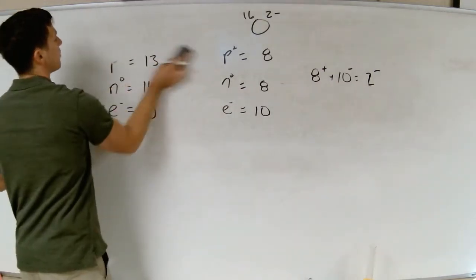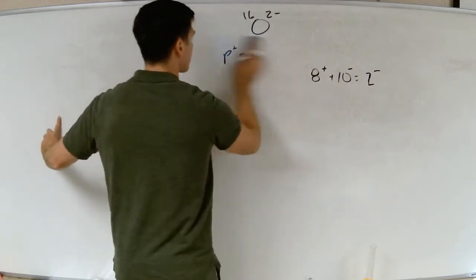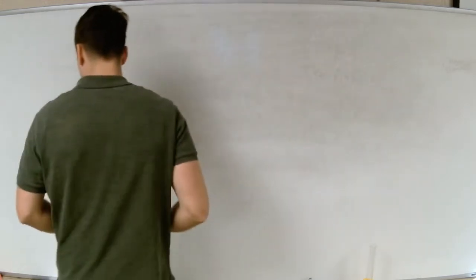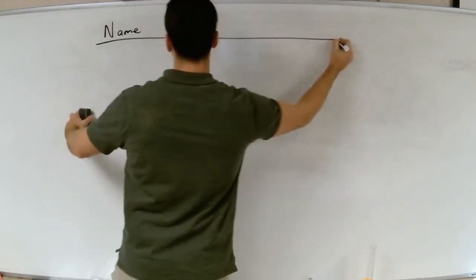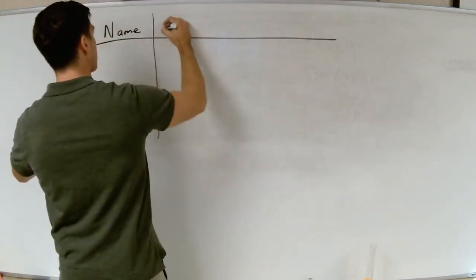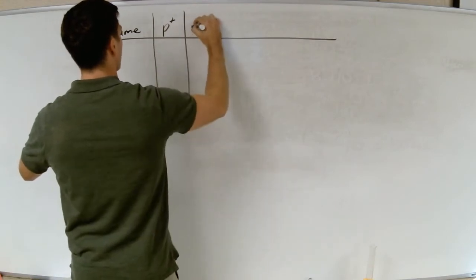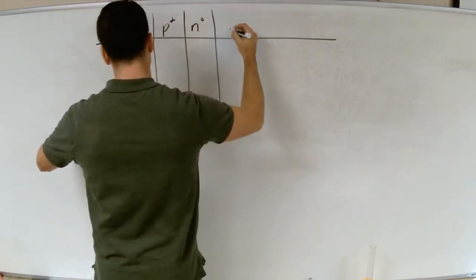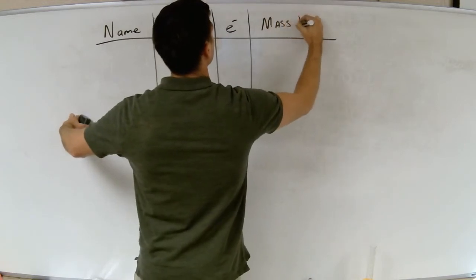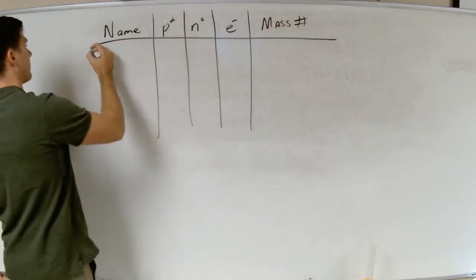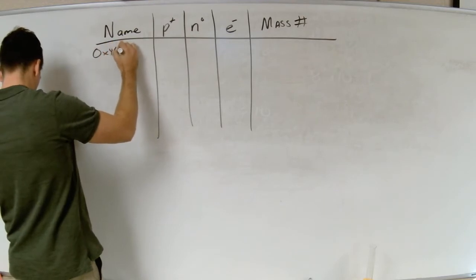Let me give you a table to solve on your own. Protons, neutrons, and electrons. And here is the mass number, okay? We have oxygen.